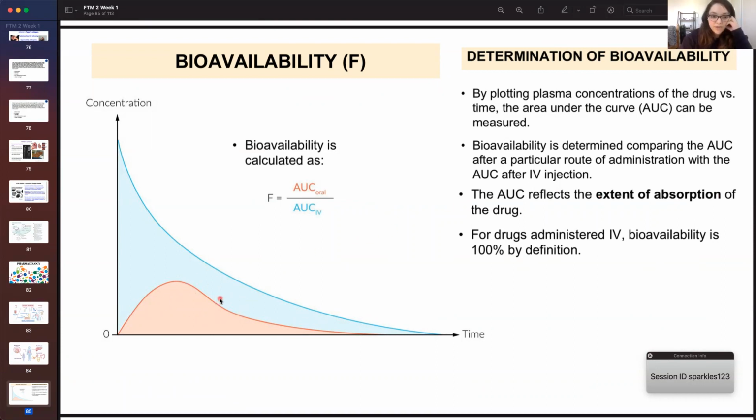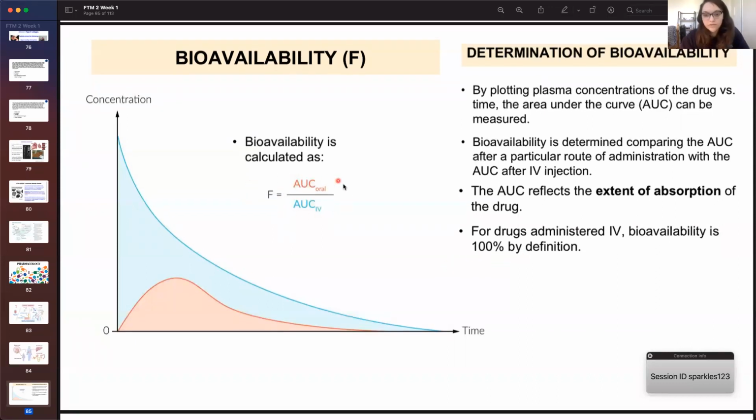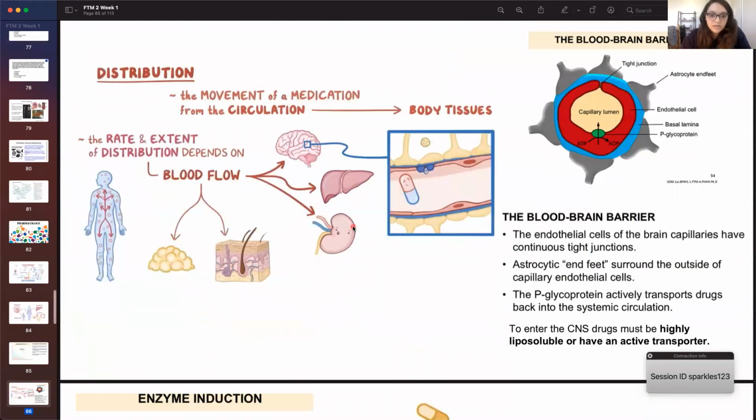This blue curve is your control, or your IV infusion, so you're comparing everything to this because it shows 100% bioavailability. The orange curve underneath it is comparing it to oral ingestion of a drug. So if you pop a pill, this is how you compare how much is actually being distributed into your blood. You just have to know this formula and be able to use it. Next.